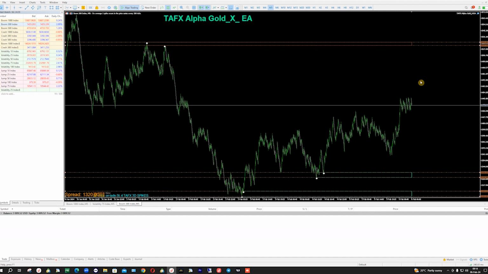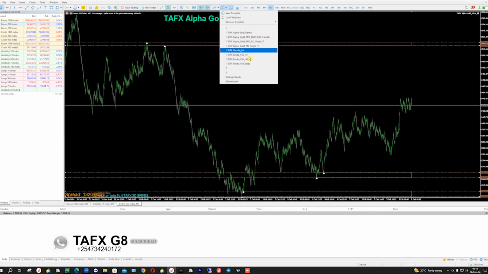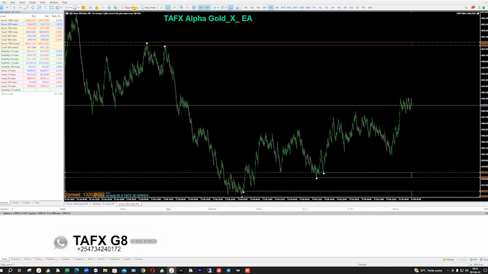But in MT5, every time you reset your settings, always remember to deactivate the auto trade, then you save the template. If you save when the auto trade is on, you're going to miss some setups, some settings. They might not work as you saved. So it is good to remember that.